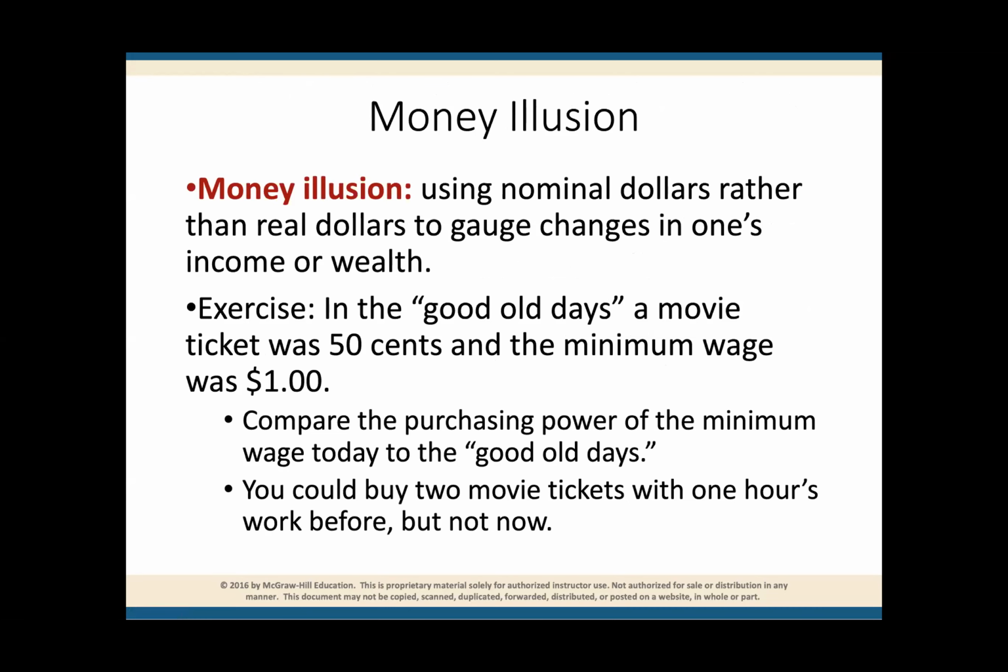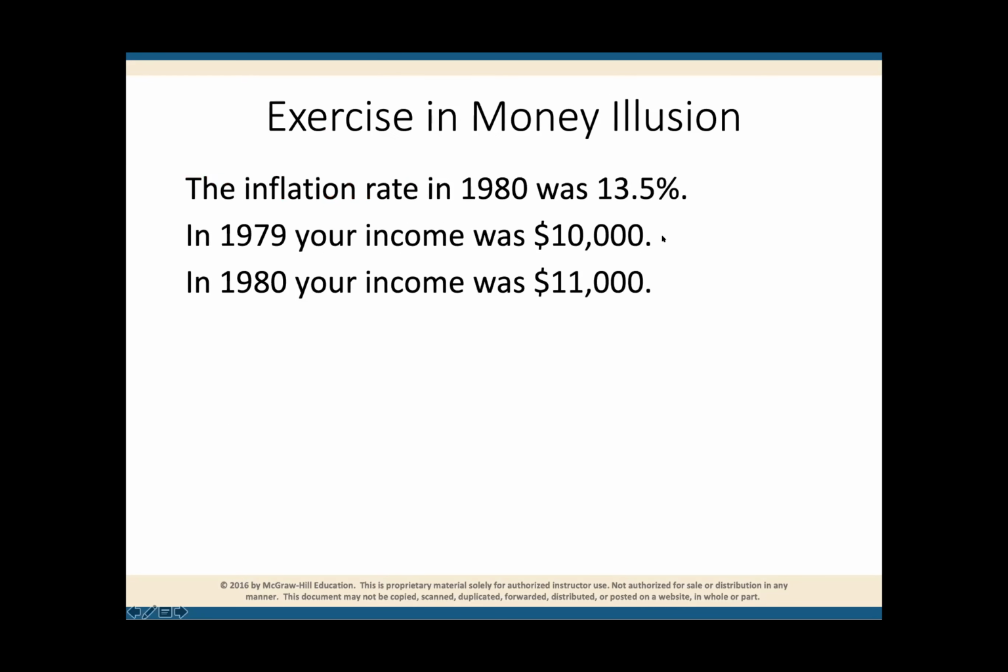Right? So the inflation rate in 1980, for example, was 13.5. In 1979, your income was 10,000, now it is 11,000. Are you better off or worse off in 1980? You're worse off.